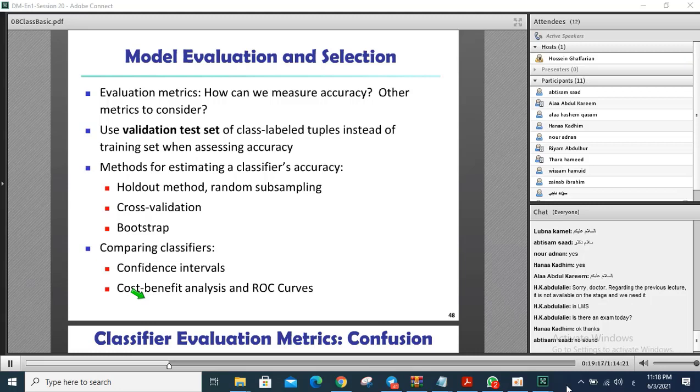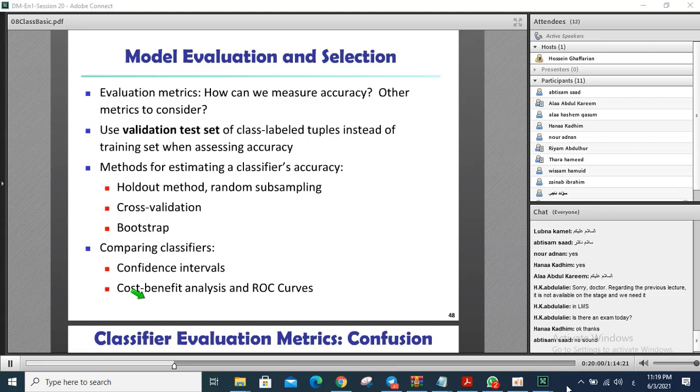Okay, but the next question is how I can evaluate my model, how I can choose or select a model, because there are several classification techniques, but which of them is better than the rest? It's an important question. How can I measure the accuracy of one classifier? Is there another measure or metric for something like that?